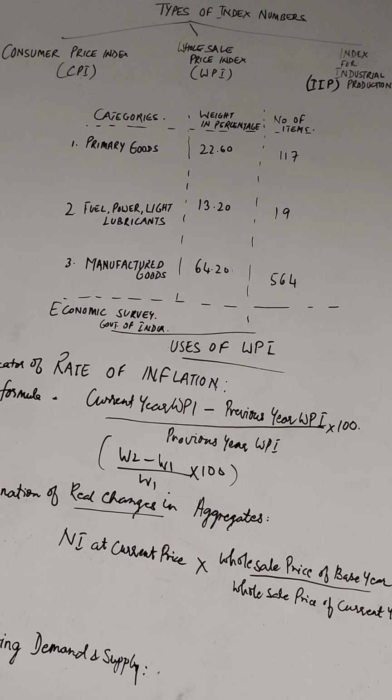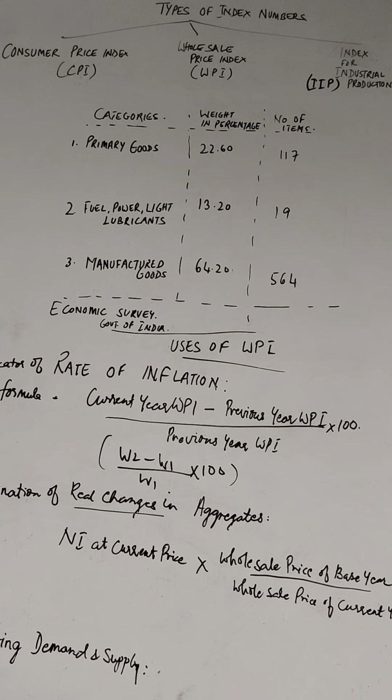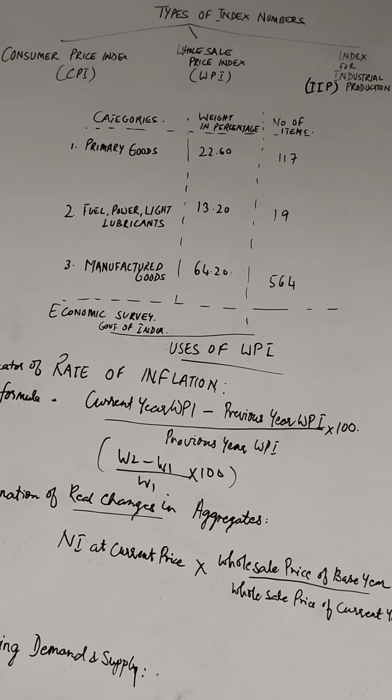That is what is known as the wholesale price index. I hope I'm clear about this. Alright, in the next class we will be talking about the index of industrial production.